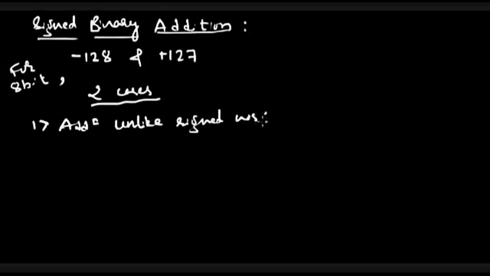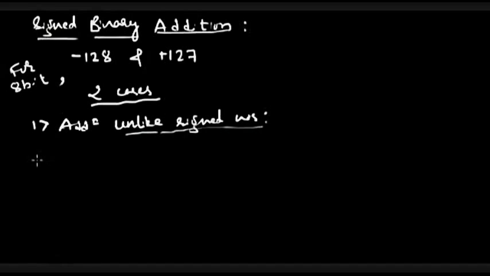When I say unlike signed numbers, that means one number can be positive and one number can be negative. When we add such numbers, the result can never exceed our range, which is -128 and +127. That means to say the result is always in the range of -128 to +127.